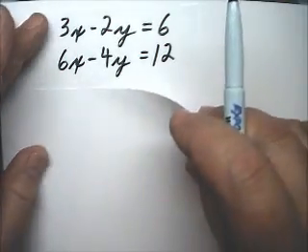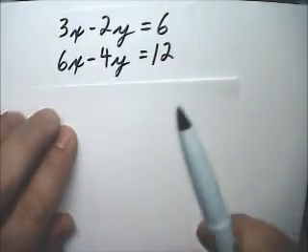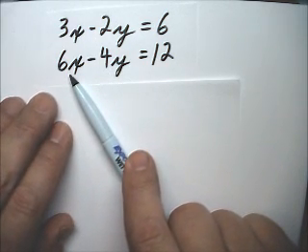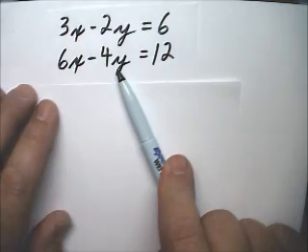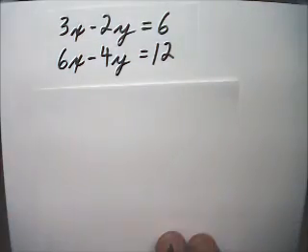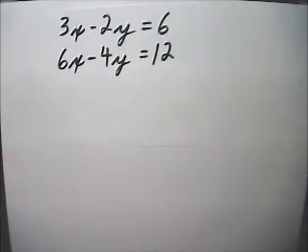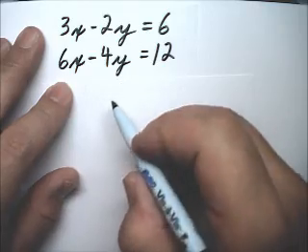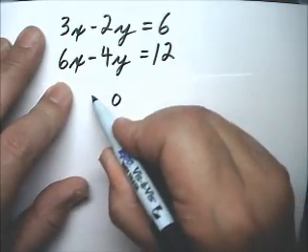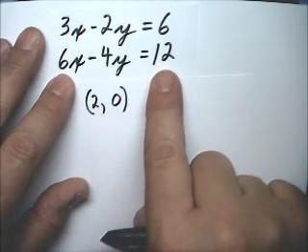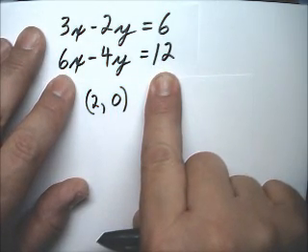Now we'll do the same thing for the other one. It looks like 12 is divisible by 4. It's also divisible by 6. So if I let y be 0, then x is going to be 2, because I'd have 6x equals 12, so x equals 2.